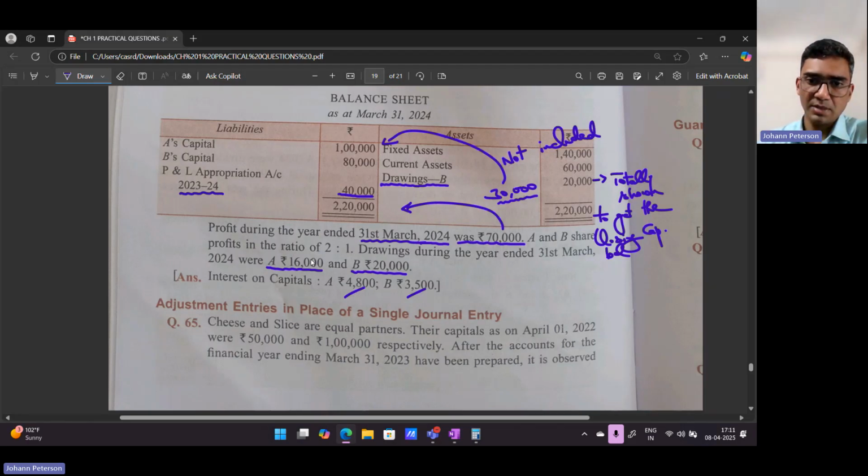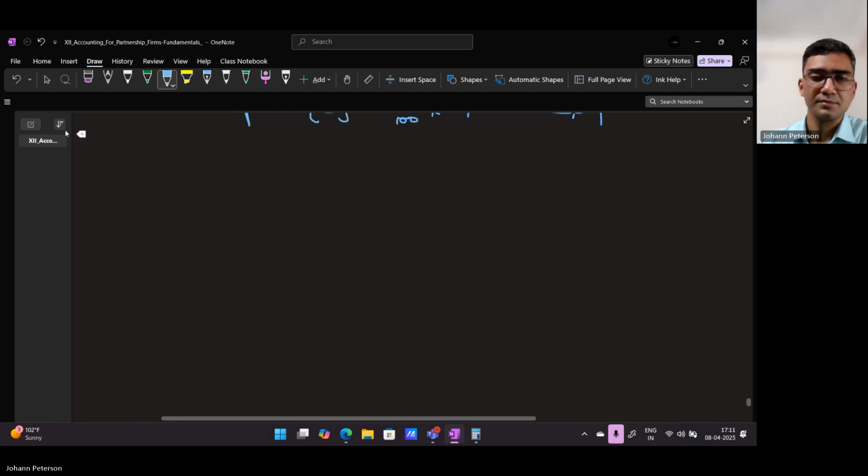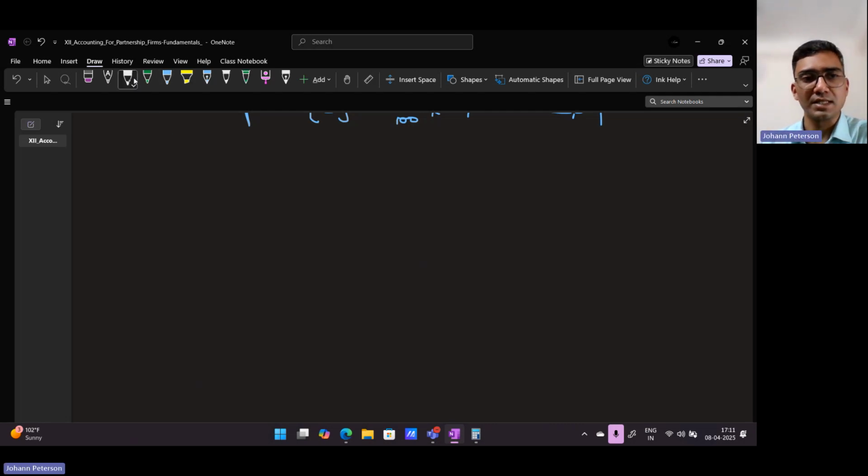It says adjustment entries in place of a single journal entry. I'll give an example to explain it.